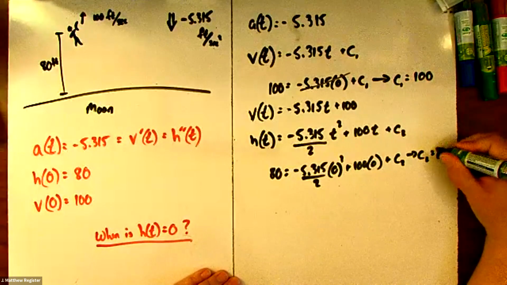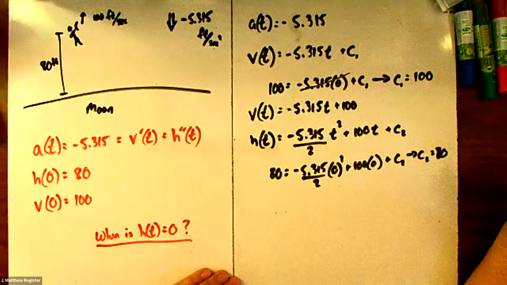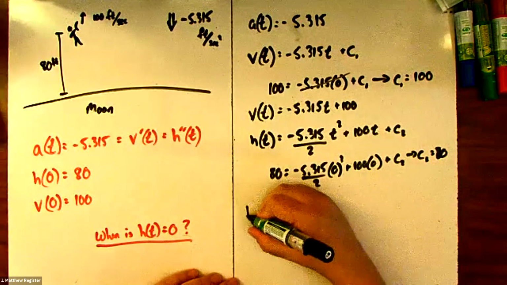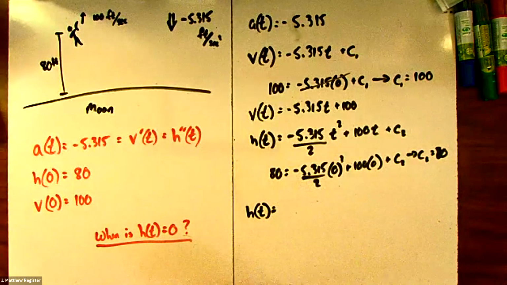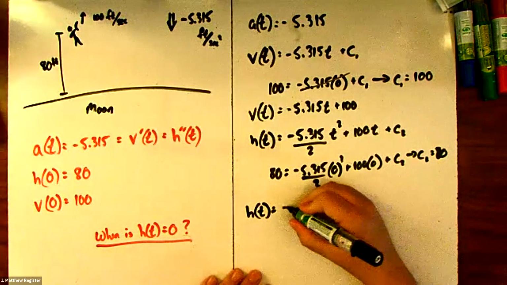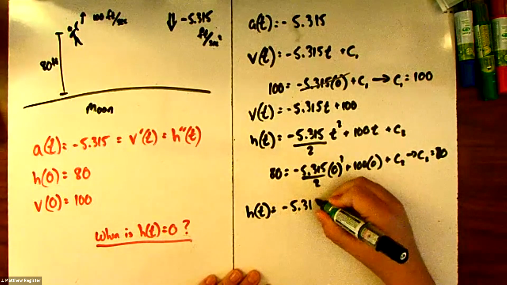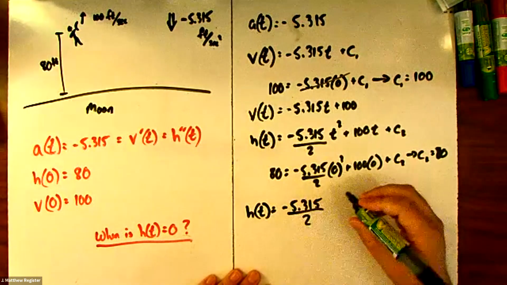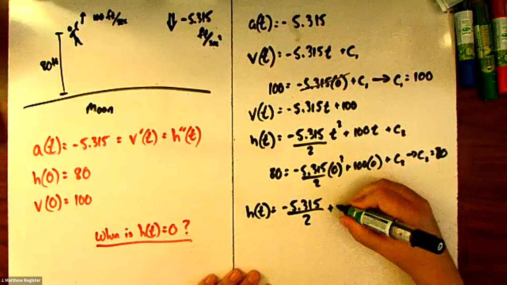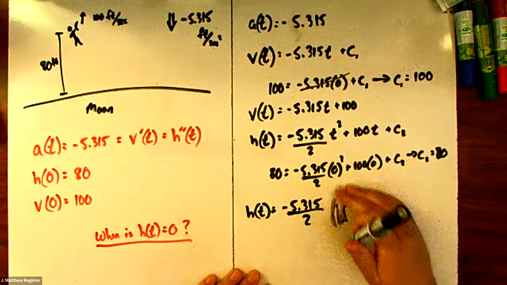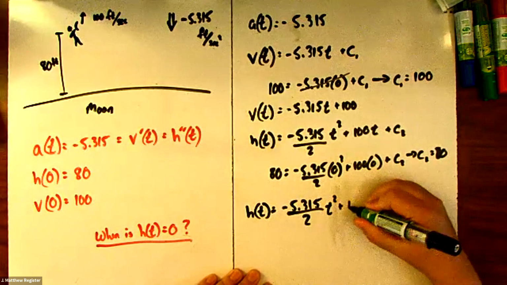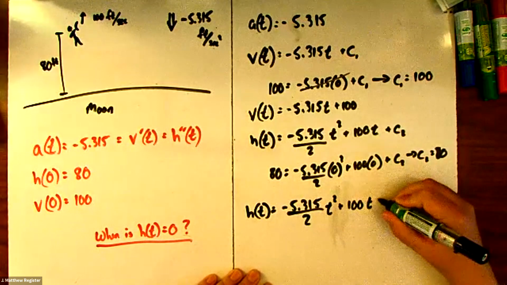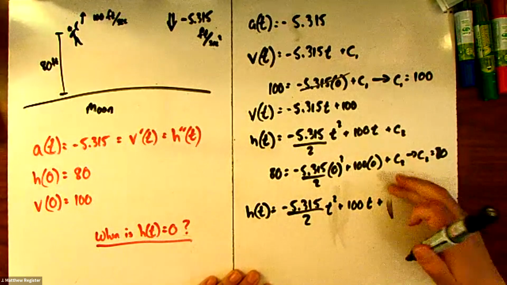And so c2 is 80. That means our h of t function is going to be equal to negative 5.315 over 2 times t squared plus 100t plus 80.